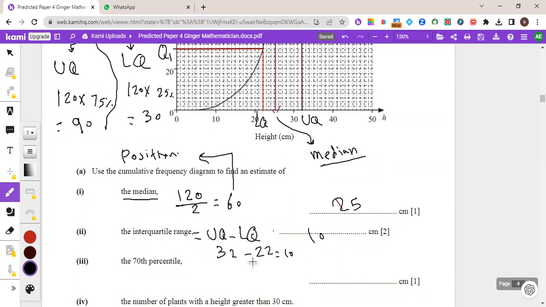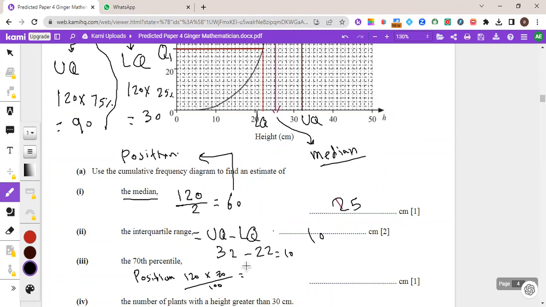Now, part three, the 70th percentile, how to find it, Ahmed? The position is 120 times 70 over 100, which is 84.